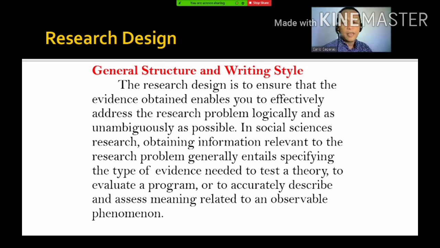In social sciences research, obtaining information relevant to the research problem generally entails specifying the type of evidence that's needed to test a theory, to evaluate a program, or to accurately describe and assess meaning related to an observable phenomena.